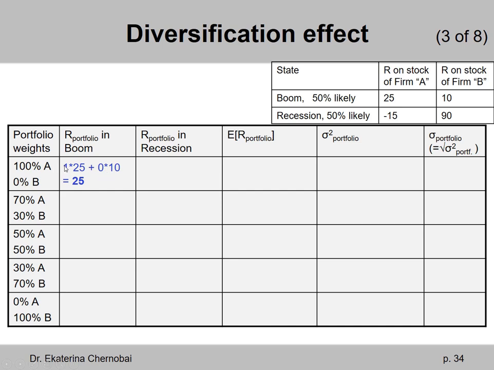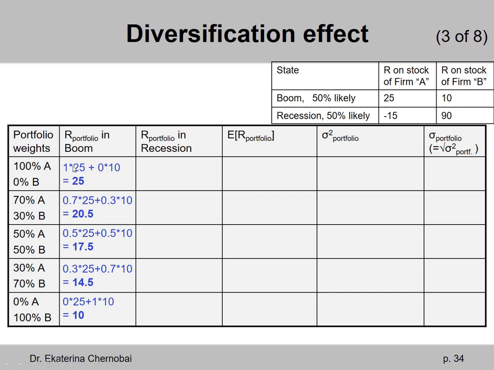So weight of stock A, 1, times the return of stock A in the boom state, 25, plus weight of stock B, 0, times return of stock B in the boom state, right? This gives 25%. The same way we can recalculate the return on the portfolio in the boom state for all remaining portfolios. And the first column is done.